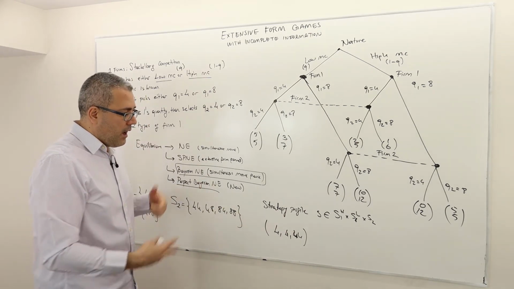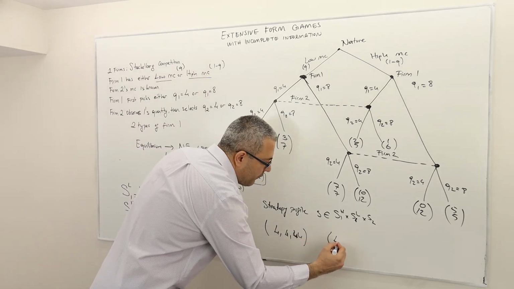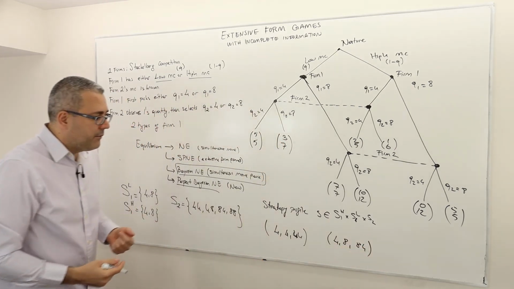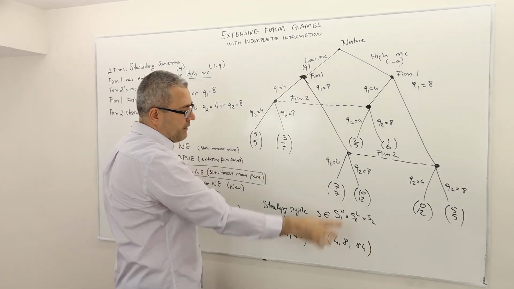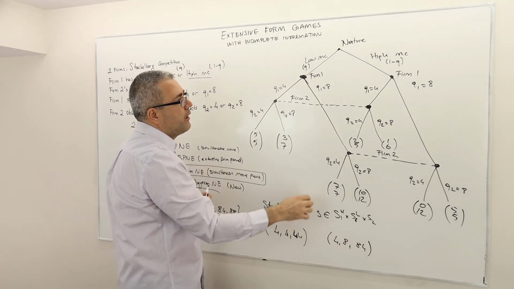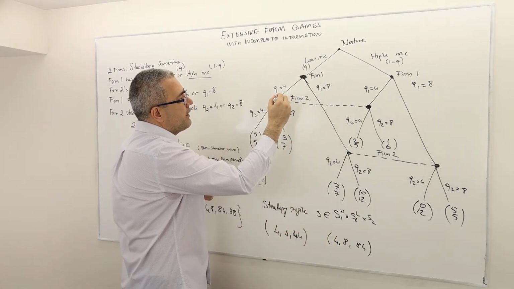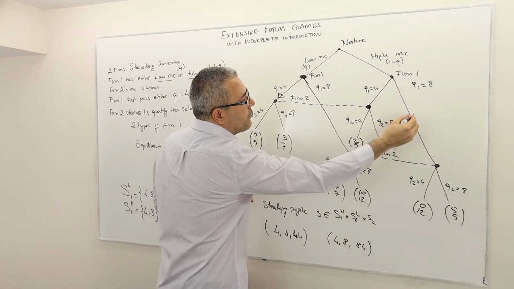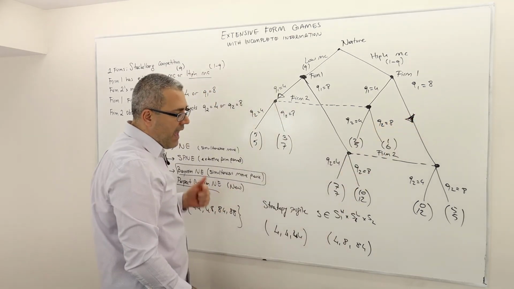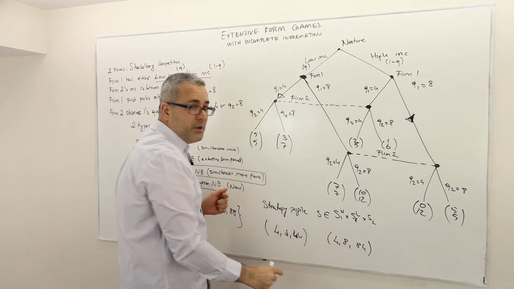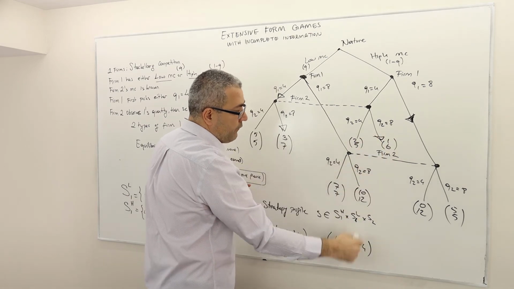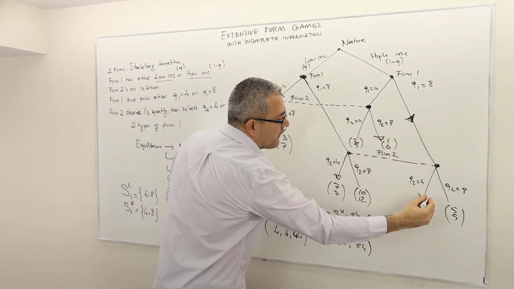All right. Another example is 4, 8, 8, 4. So what does that mean? That means firm 1 of low type is producing 4 units of output, basically choosing this. Firm 1 of high type is choosing 8 units of output, meaning choosing this. And then firm 2 is playing 8 here, meaning this, and 4 here, meaning this.